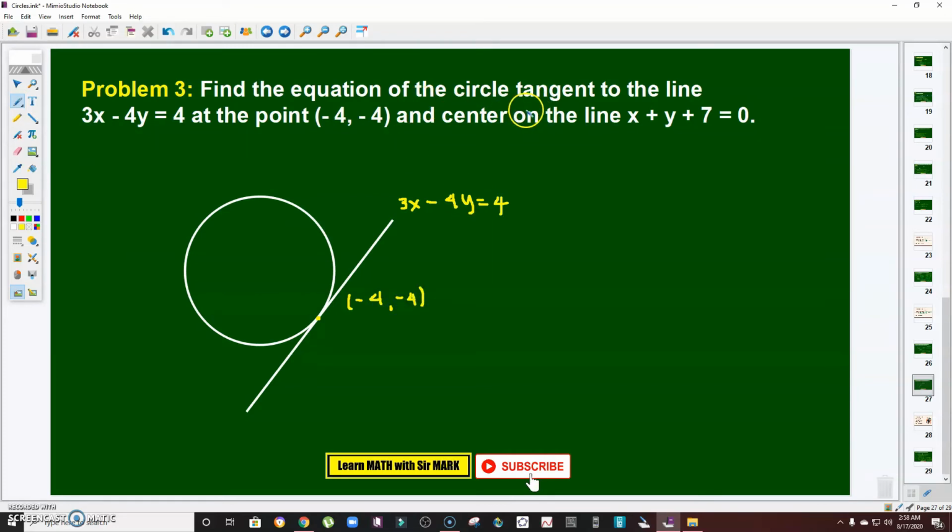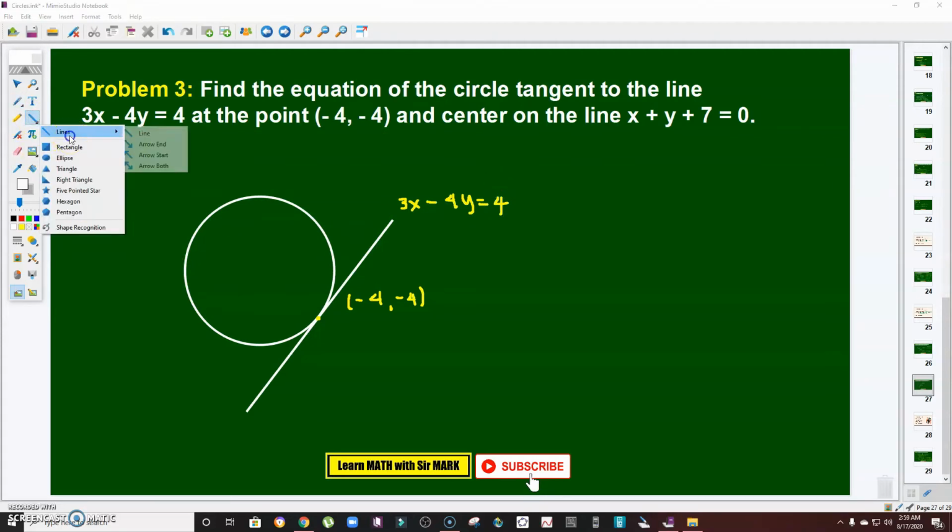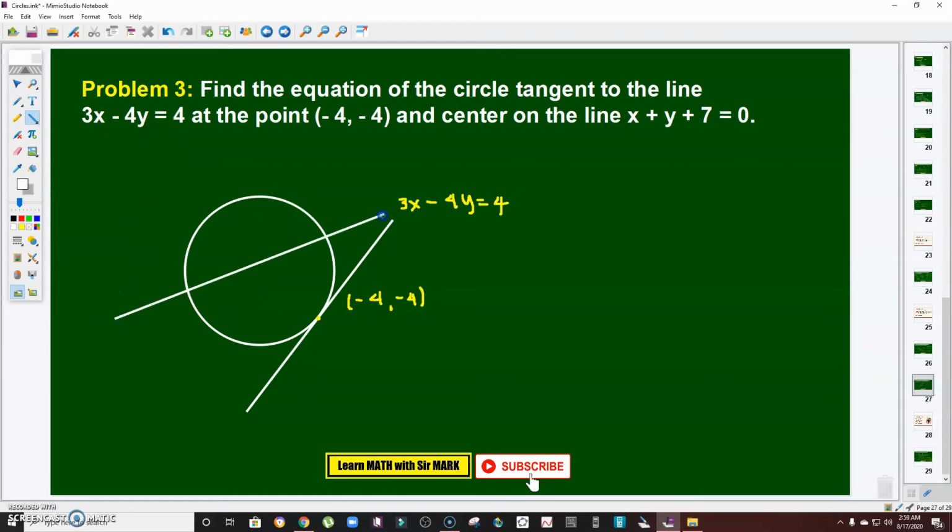Now the center is on the line x plus y plus 7 equals 0. Definitely, they will intersect here. Again, we're just guessing; this is not the actual illustration. Later we will show it in Desmos. Suppose this is the line x plus y plus 7 equals 0.